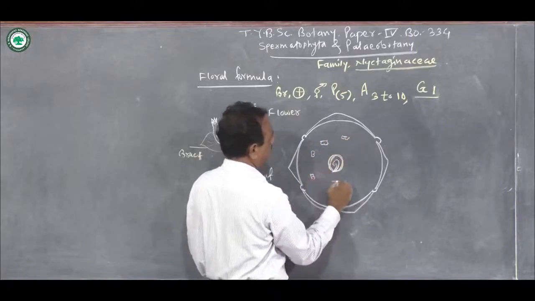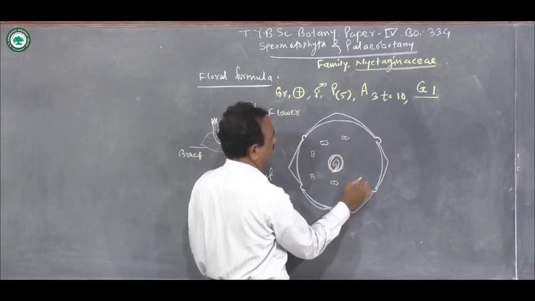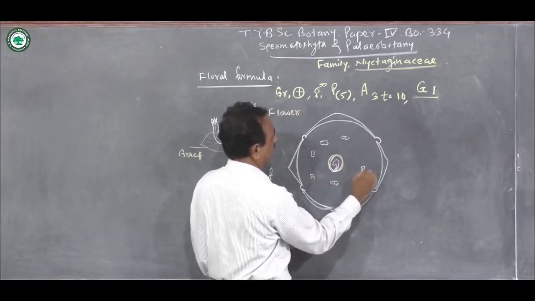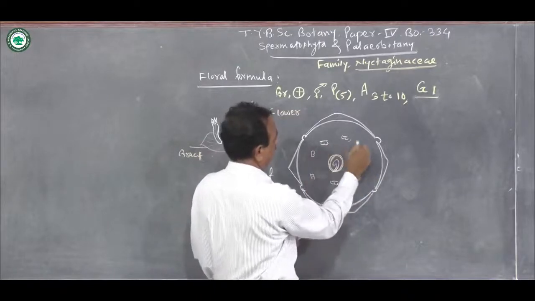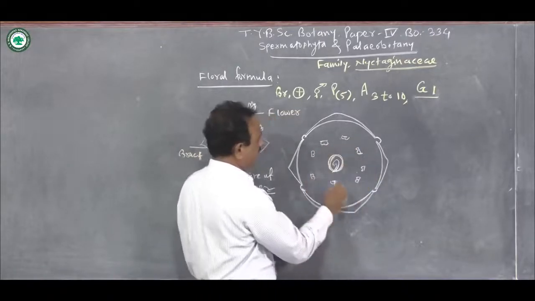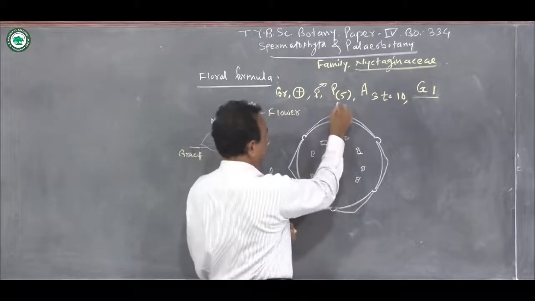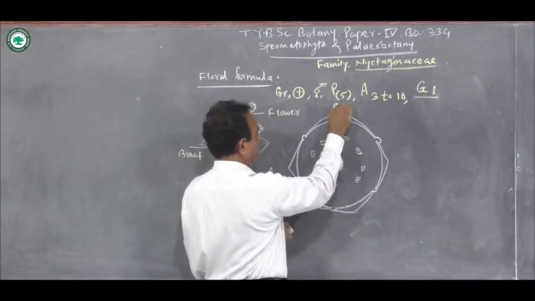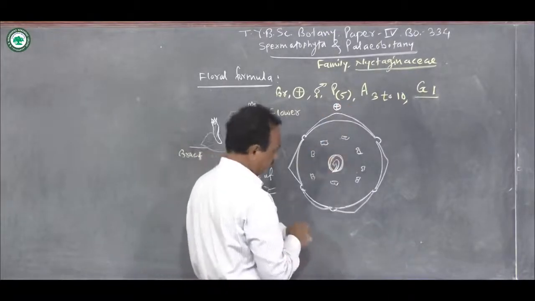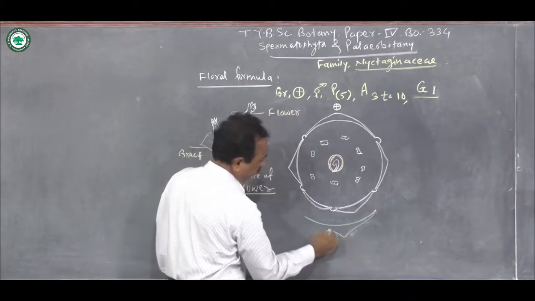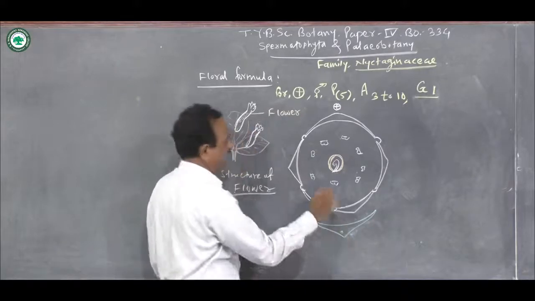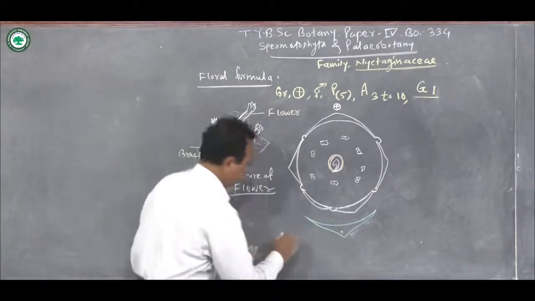The stamens are unequal in length. Here the flower is actinomorphic, so this is the mother axis, and here there is the presence of the bract. This bract is petaloid. So this is the floral diagram.